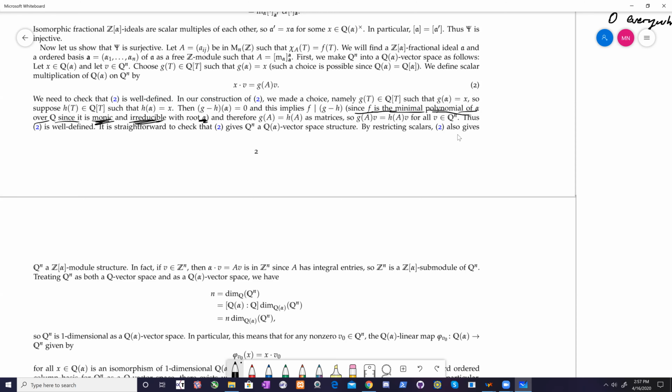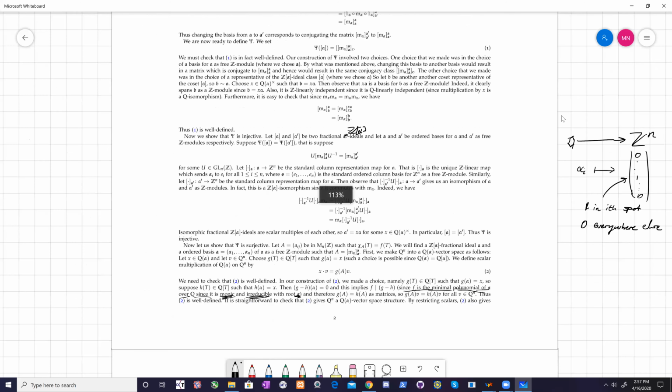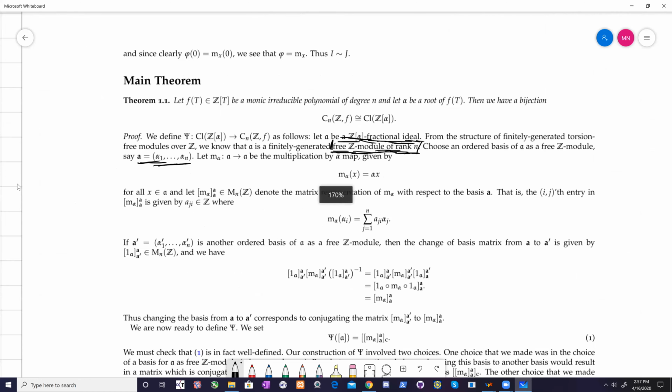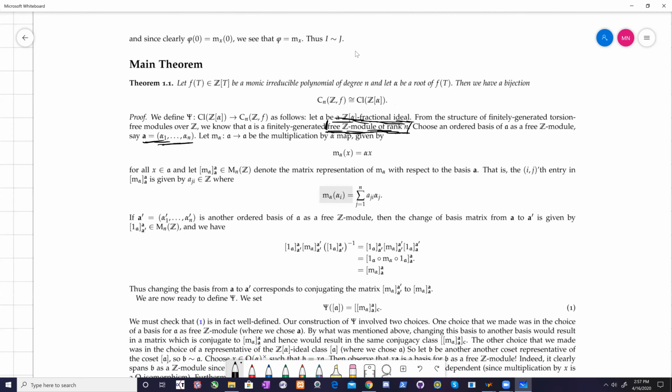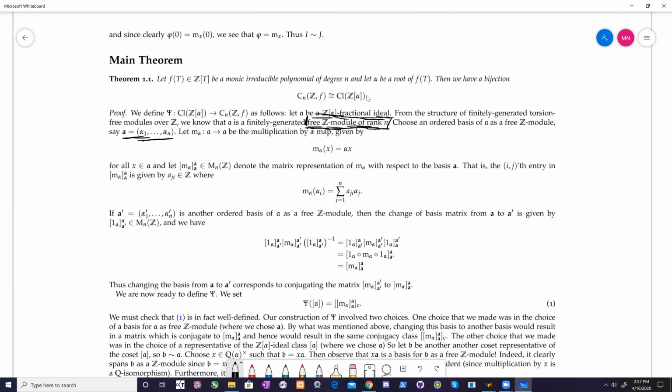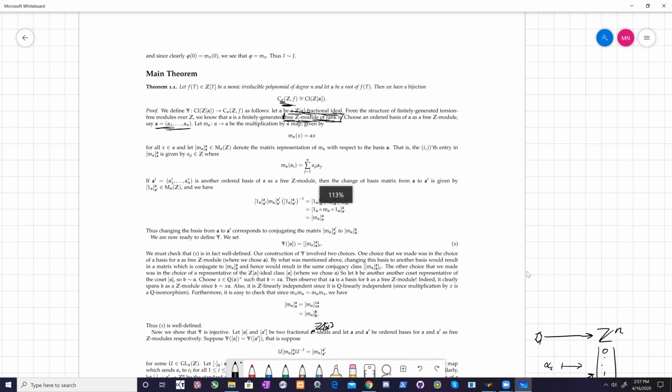Right now, all we're considering is f to be a monic irreducible polynomial of degree n, with alpha a root. So we're considering these specific conjugacy classes of matrices where f has these properties, and that's where we use that property.